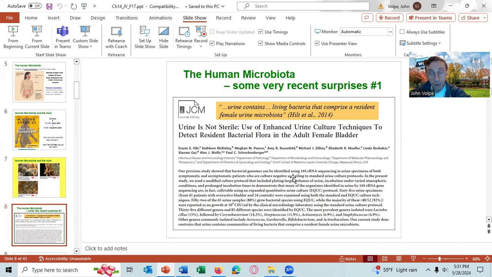As far as I know, the answer is nobody knows because nobody studied the male bladder. It is possible that the female bladder has normal microbiota and the male doesn't because the urethra of the female is much shorter. But the point is the bladder, at least in females, is not sterile. There is some normal microbiota in the bladder.